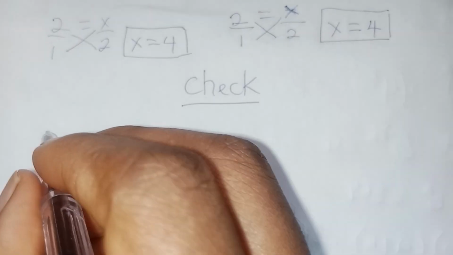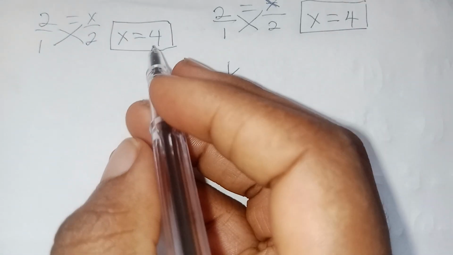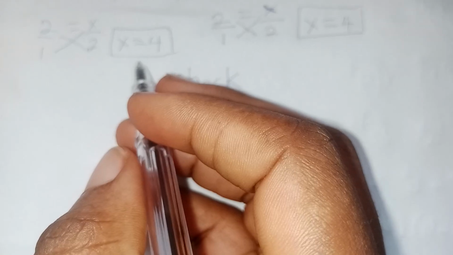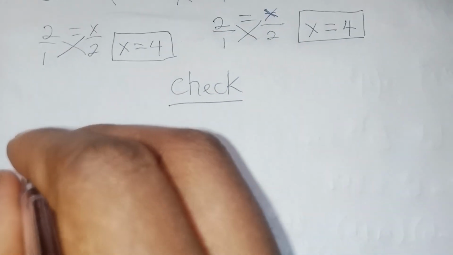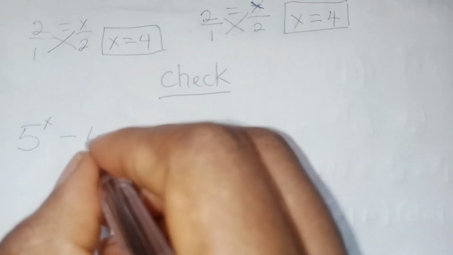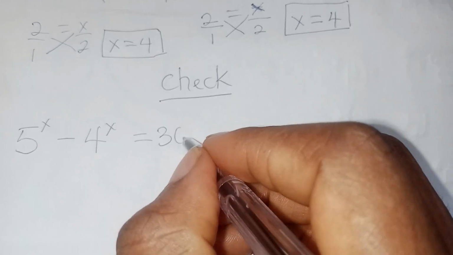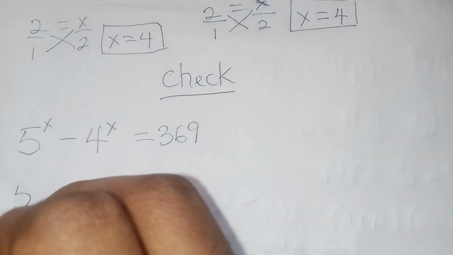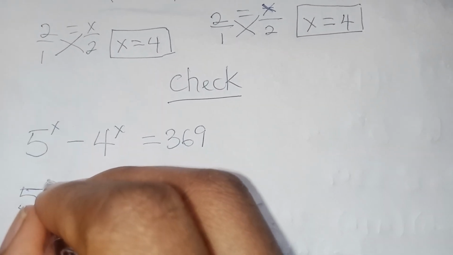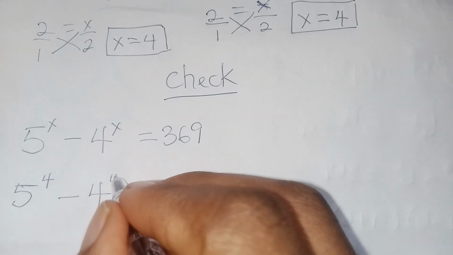All right, so let's do a quick check and see if x equal to 4 satisfies the equation. Remember, our equation is 5 to the power of x minus 4 to the power of x equal to 369. So when we substitute our value, our x is 4 as well.